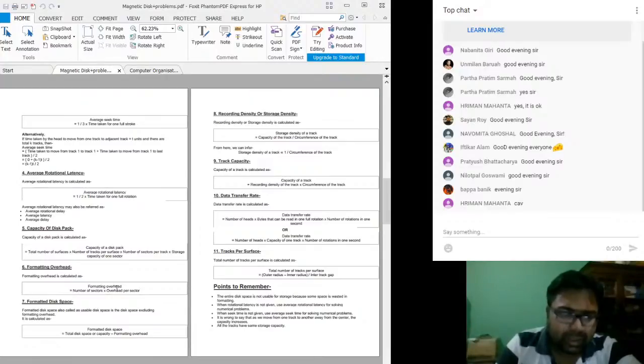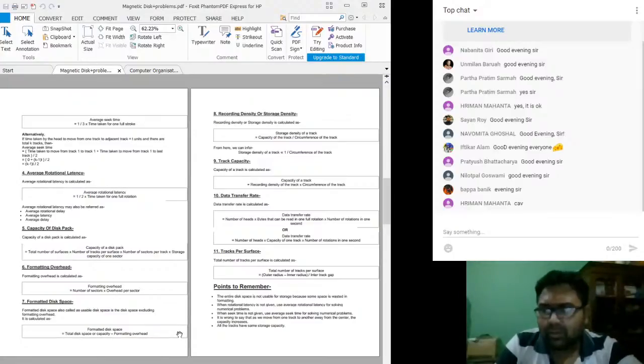Formatting overhead is the number of sectors multiplied by the overhead per sector, since there is an overhead associated with each sector. Then formatted disk space means the amount of disk space that remains after this formatting loss: total disk capacity minus formatting overhead.